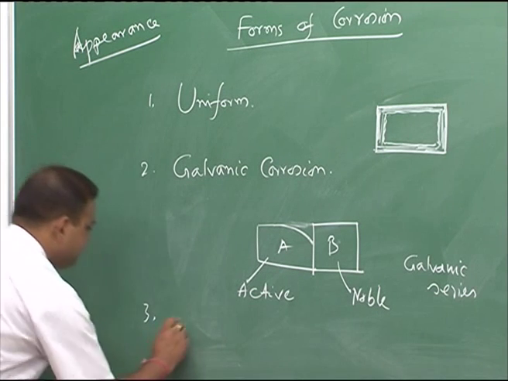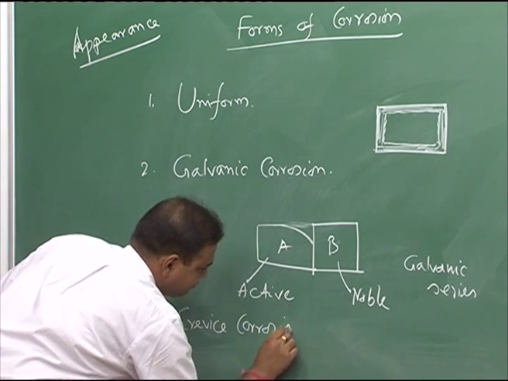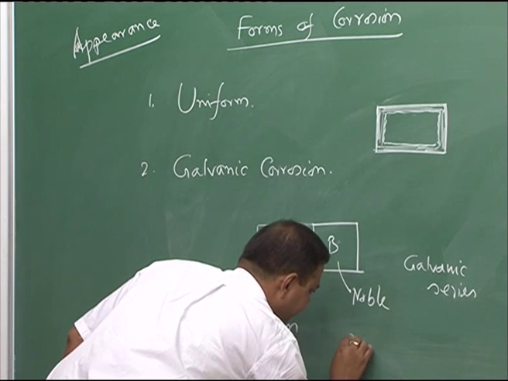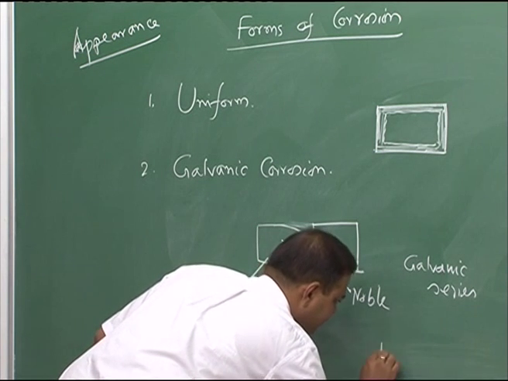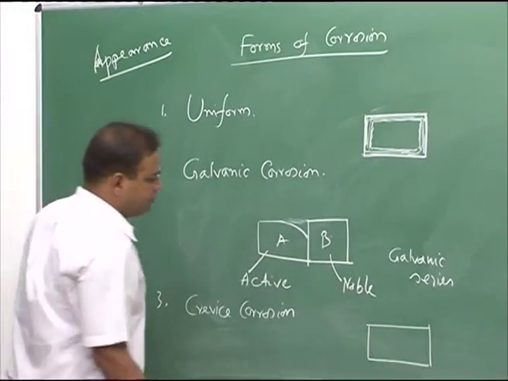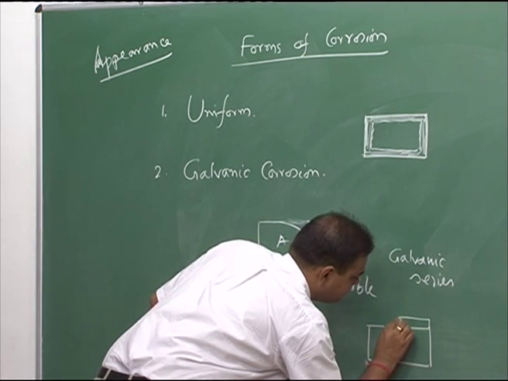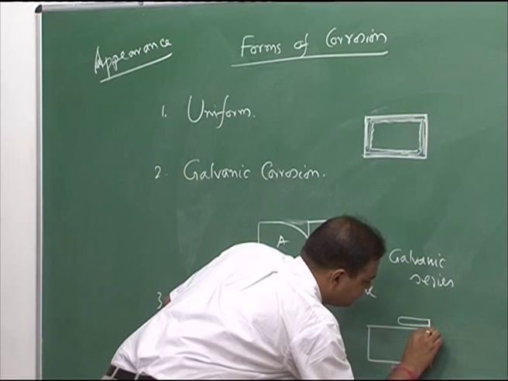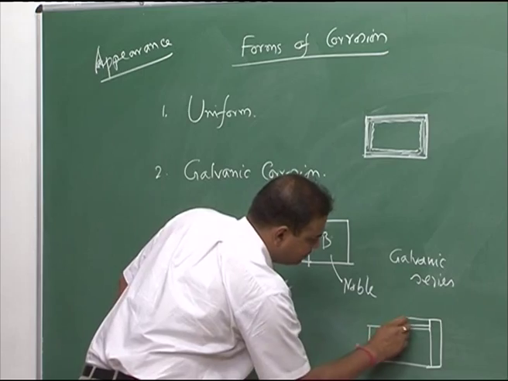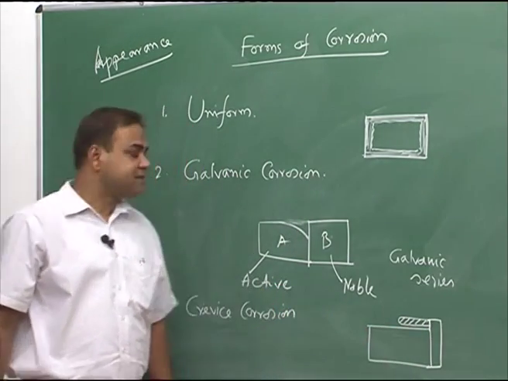Now, third one is crevice corrosion. Let us say I have a metal object, and that metal object is connected to another fin, or let us say a rubber gasket which is on top of this metal object.